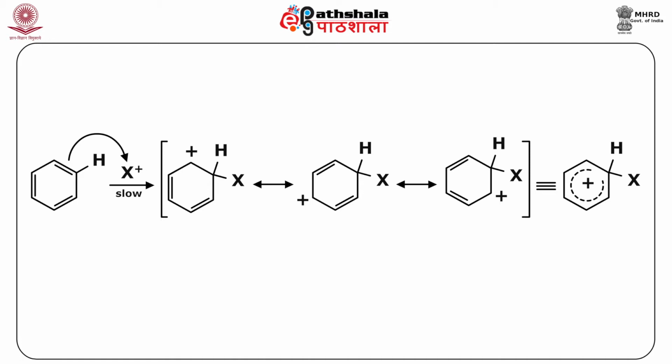So whatever charge is left on the ring will be delocalized all across the ring, and thus a resonance stabilized carbocation is formed. Although students, in this carbocation intermediate, you can see that the aromaticity is lost, but still it is stabilized by resonance of the other two charges of the double bonds which are left.